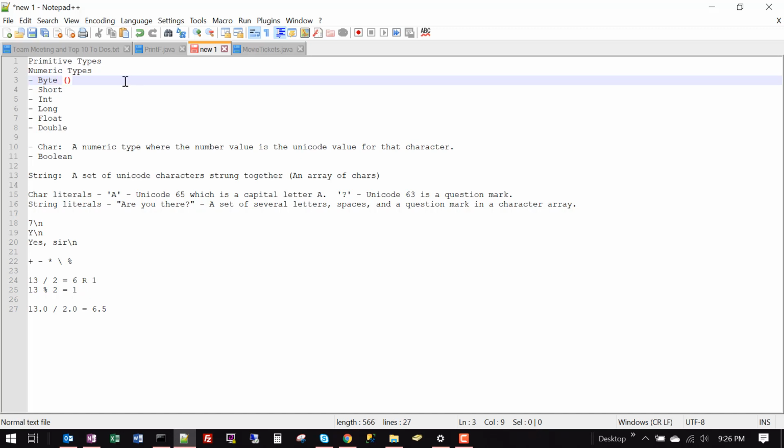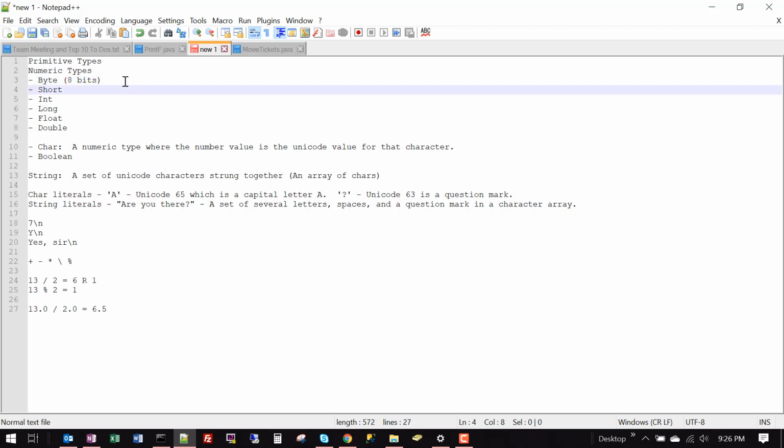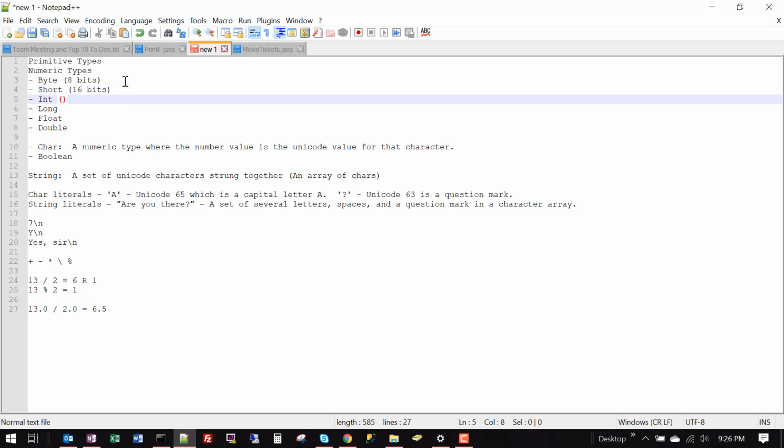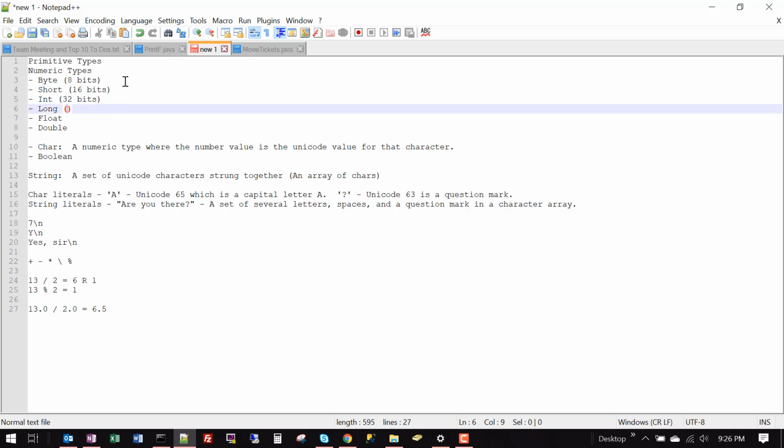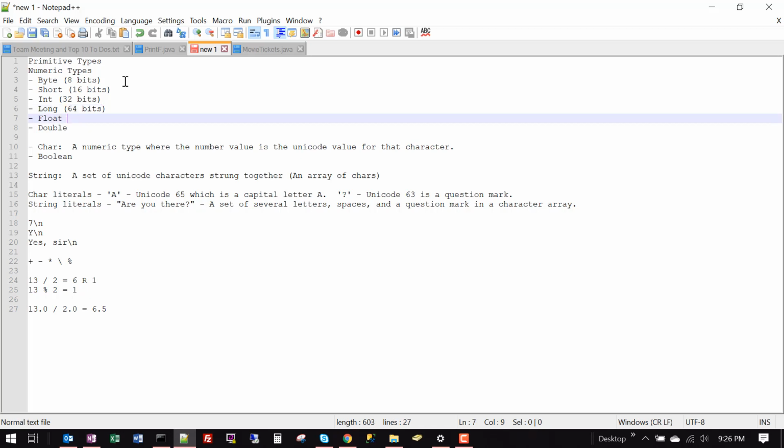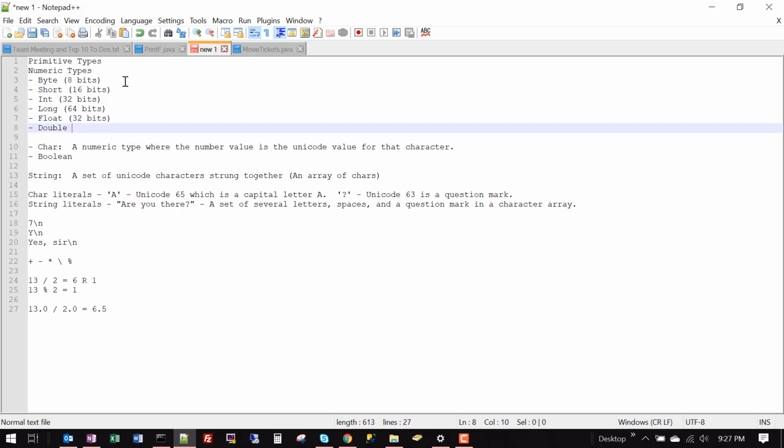You may remember that a byte is 8 bits, a short is 16 bits, an int is 32 bits, a long is 64 bits, a float is 32 bits, and a double is 64 bits.